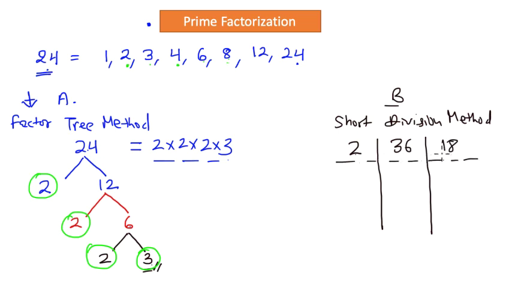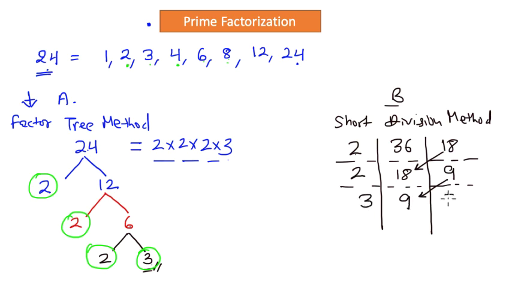So that is my step 1, okay? Then this 18 comes back in the dividend area, right? And then I repeat myself once again. I find another lowest prime number so that I can divide 18 completely. So 18 can be divided by 2 again. I get 9, and this completes step 2. Then I take 9 back to the dividend area, and I divide by the lowest prime number, and that happens to be 3.